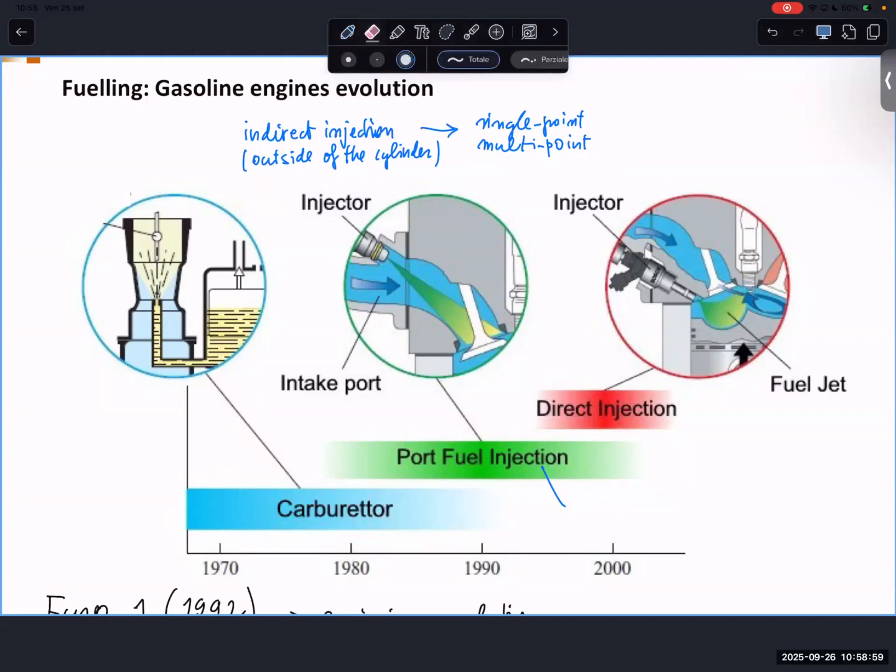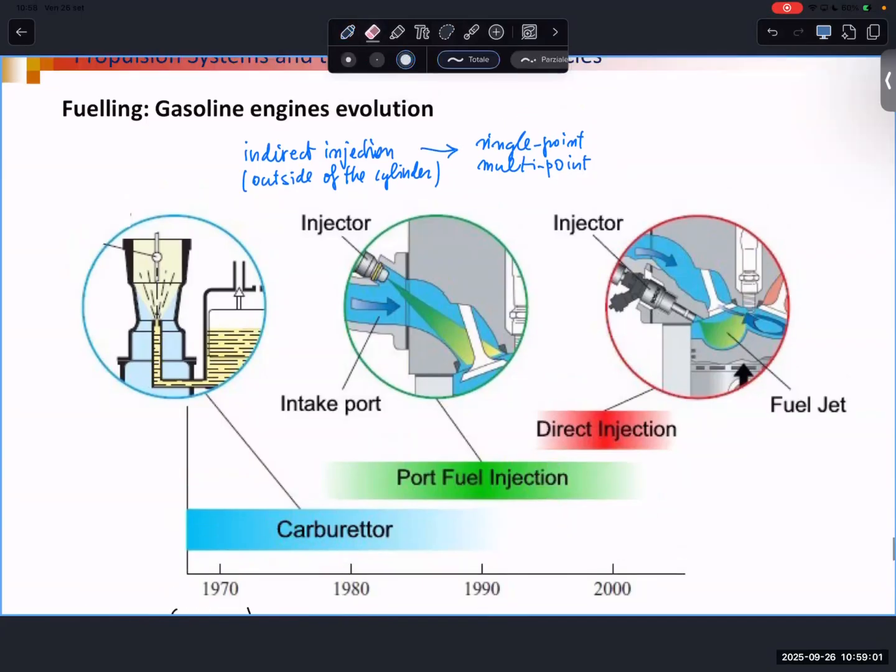Okay, it's better if I rewrite it this way. Single point: I have just one injector for the engine. And this injector has to be placed a bit upstream of all the cylinders because you have to serve all of them.